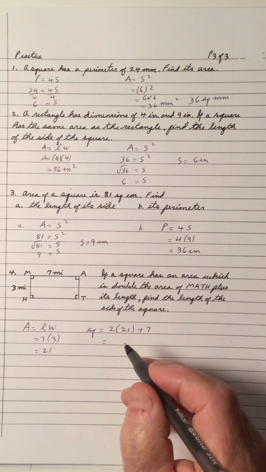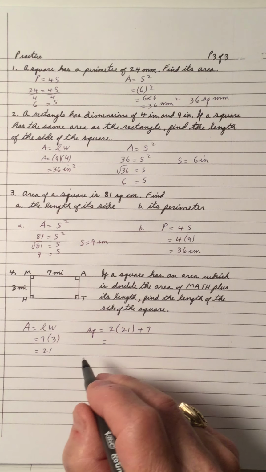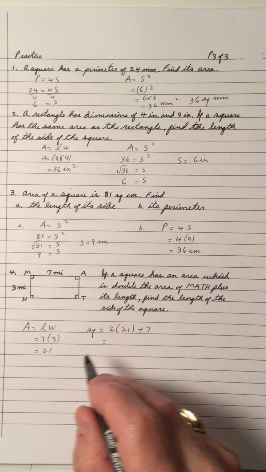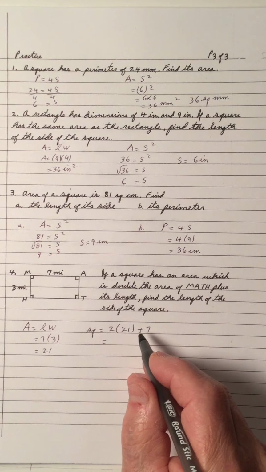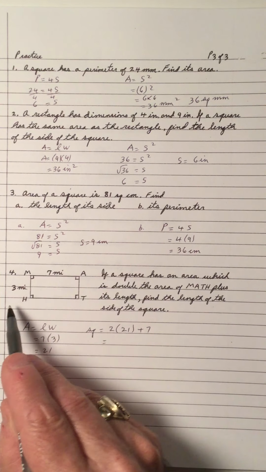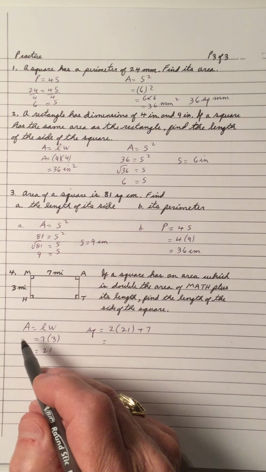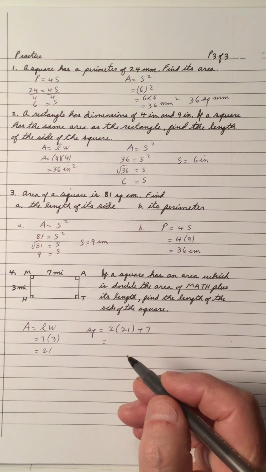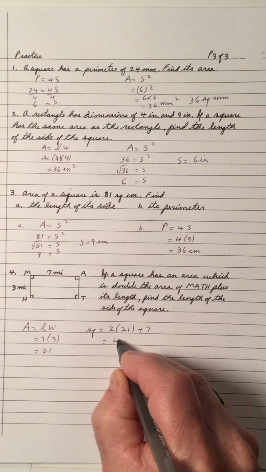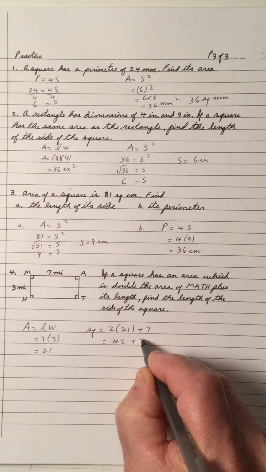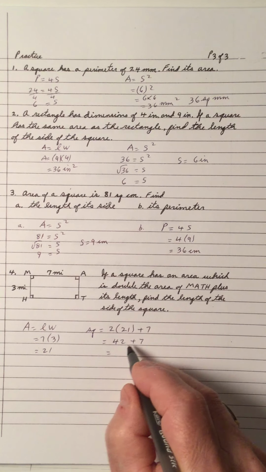Remember, this is numerically because the area is square and the length is just a straight unit of, in this case, miles. The area is square miles and the length is miles, but we're adding the numerical numbers, not the units. It's 42 plus 7 because we had to multiply before we add.